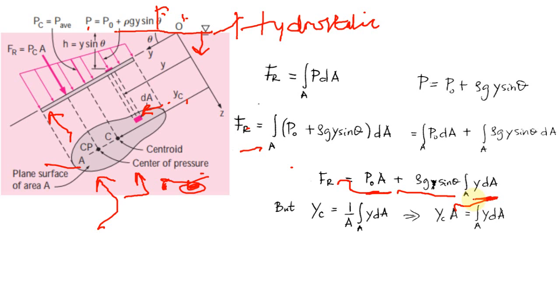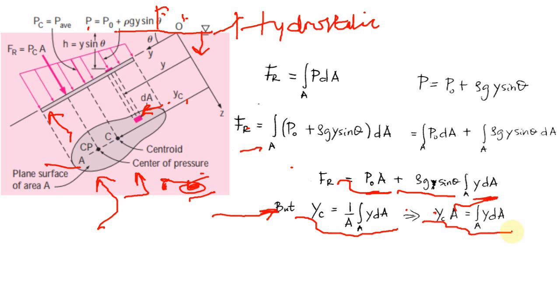When we try to simplify this, we know the formula for finding the centroid of an area, that is the first moment of area: yc is equal to 1 over A times the integration of y dA over the whole area. So rearranging, yc A is equal to the integration of y dA over the whole area.